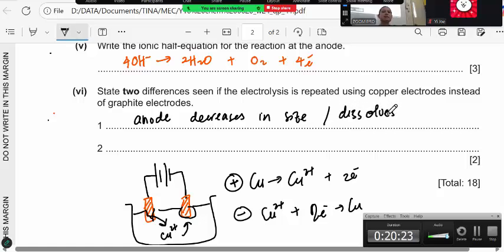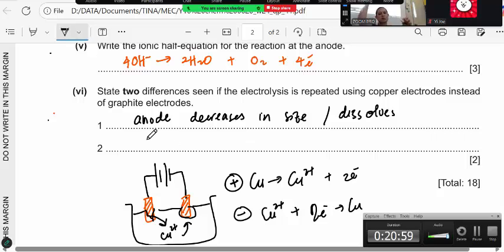And the color, does it remain the same blue or different blue? It will be the same blue, will not change, remains the same.